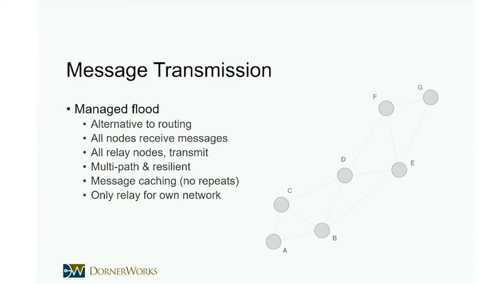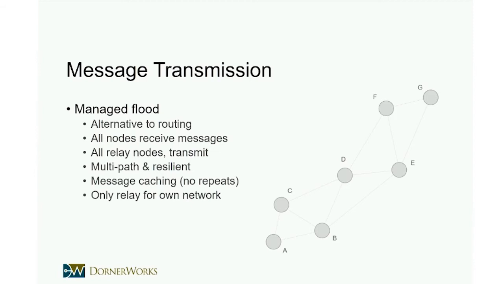So how do you actually communicate? Bluetooth mesh uses something called managed flood. So it's an alternative to routing. And routing, for example, if you wanted to send a message from A to G, in a traditional approach, if it wasn't a flood approach, you would have to specify the route that it would take.